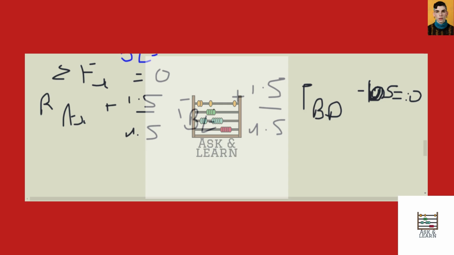So from this equation and by putting all the values, we are able to get RAX is equal to minus 105 Newton.